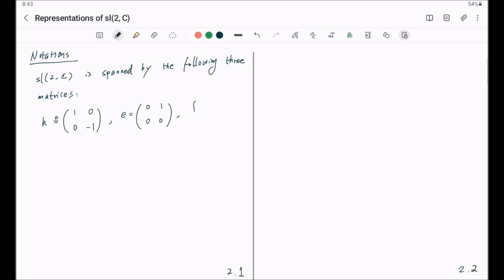And the third one is F, (0, 0, 1, 0). SL2C is spanned by these three because the general matrix (A, B, C, negative A) can be written as a combination A times H plus B times E plus C times F.